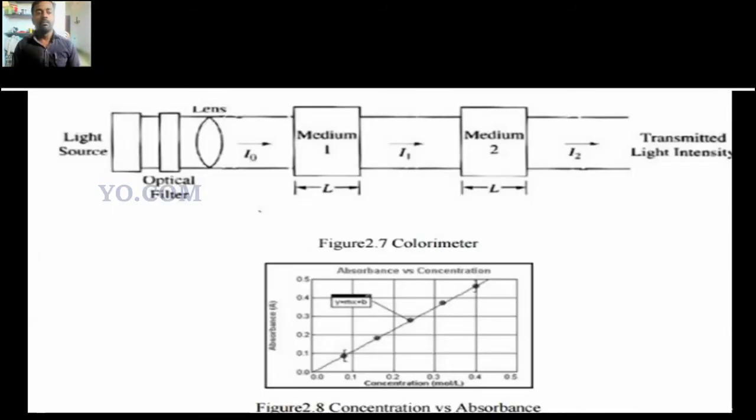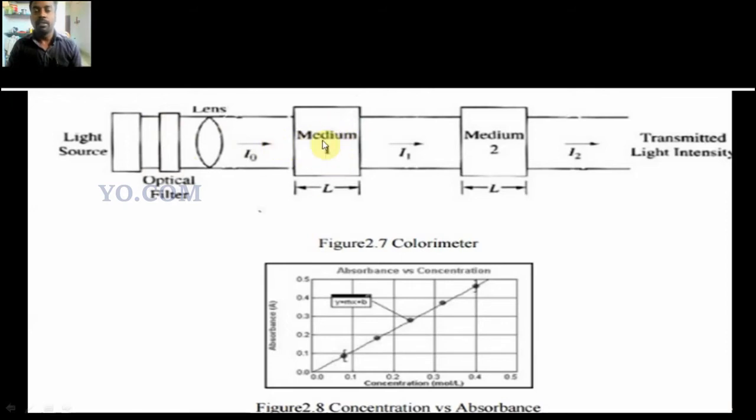This is the setup. Initially we have the light source. The light source generates light of different wavelengths. The optical filter is used to filter the wavelength, so it allows only a particular wavelength of light. That light passes through the lens. The lens converts the waves into parallel waves, which pass to medium 1.